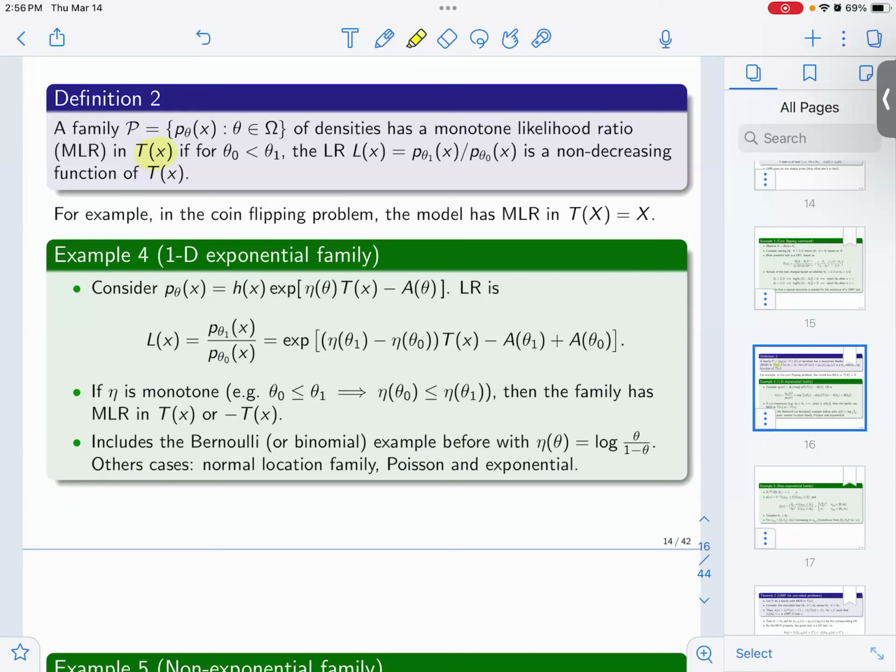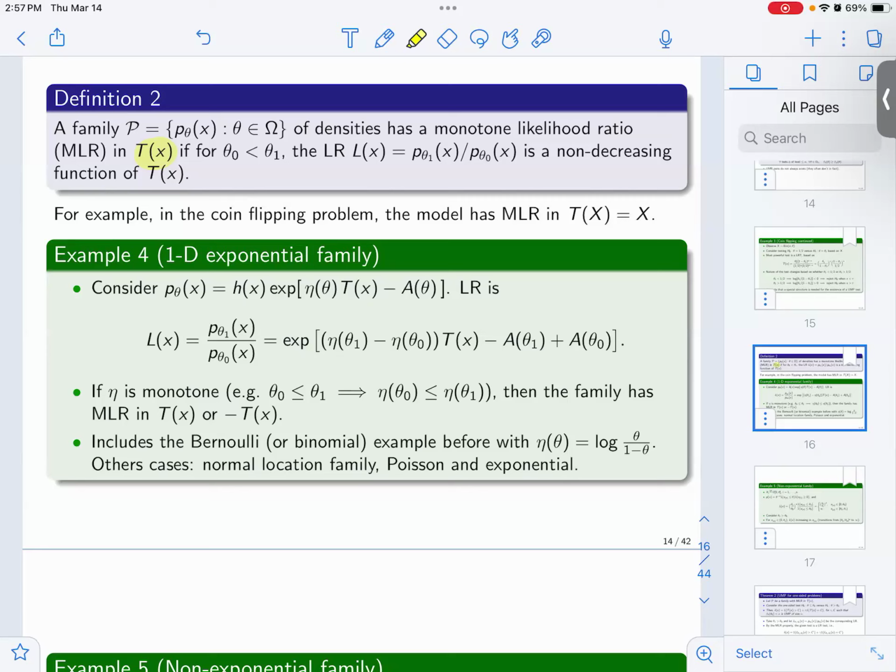And this whole thing is exponential of something positive times T of X minus a constant. So this is monotone increasing in T of X. So the likelihood ratio would be a monotonic function of T of X. So we have the monotone likelihood ratio property.